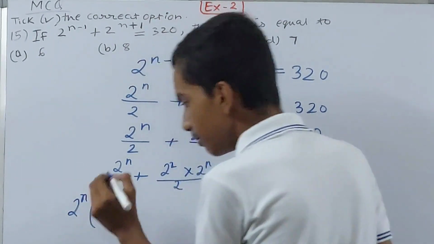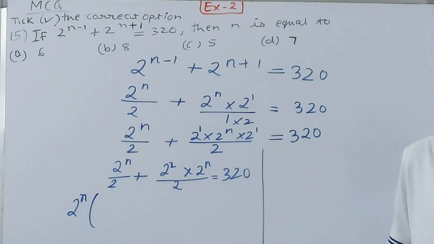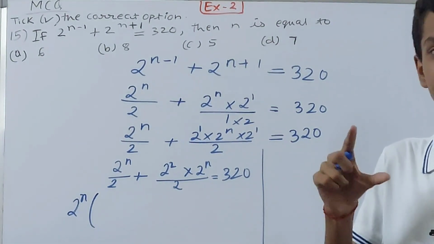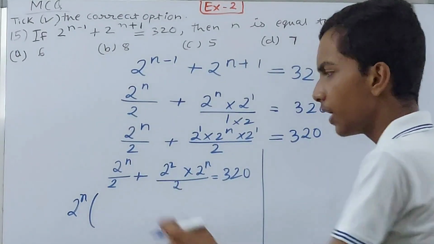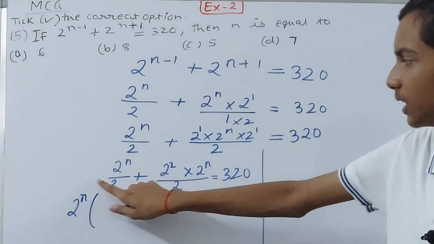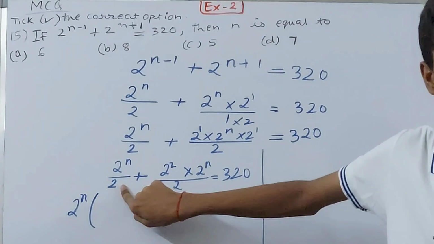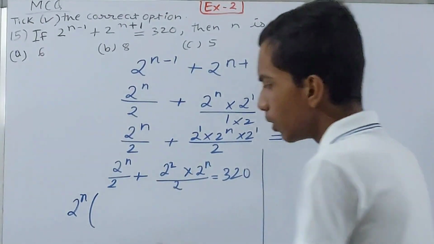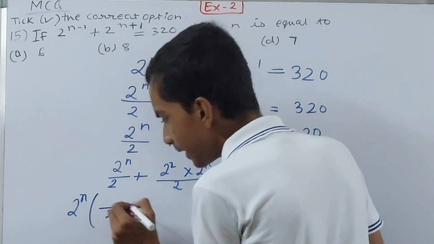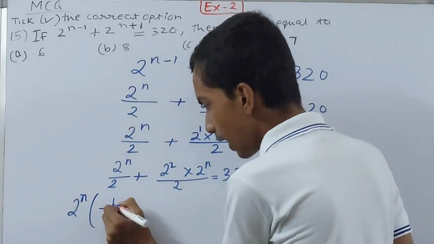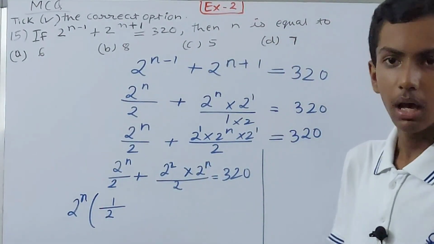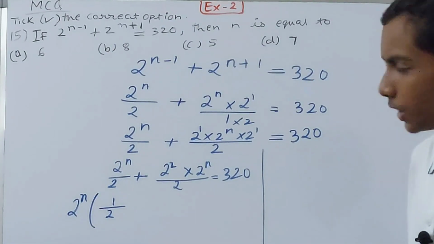Then within brackets, once you have taken common, write everything that is left within your brackets. So what will be left here? If 2 to power n is taken away and upon 2 is already there, what will I fill here? 1, because anything I write here, it will not have a big change on the value.